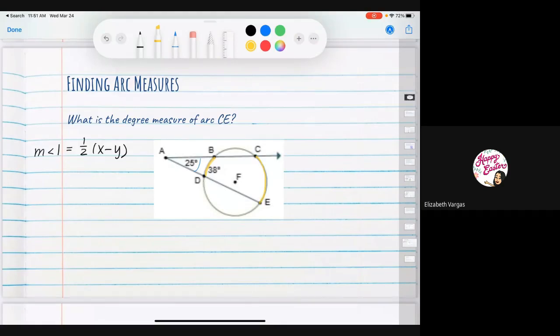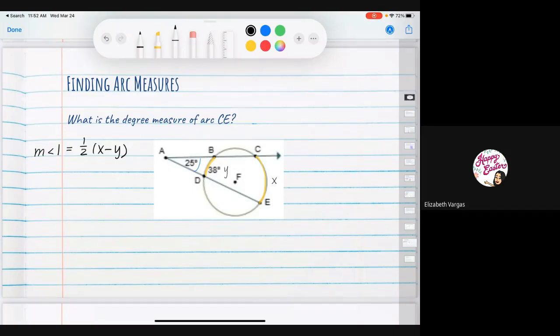I'm asked to find the measure of my missing arc, which is this arc right here, which I'll say is arc X. Those are interchangeable. So I'm looking for the missing arc, arc X.